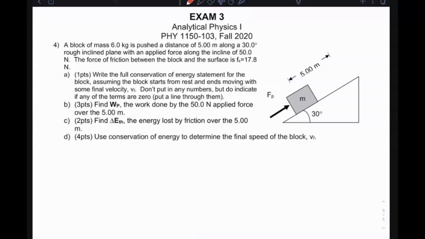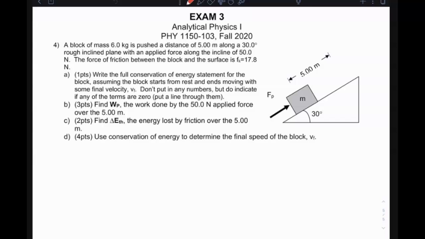In this video, I'll go over question 4 in exam 3. A block of mass 6.0 kilograms is pushed a distance of 5.00 meters along a 30.0 degree rough inclined plane with an applied force along the incline of 50.0 newtons.